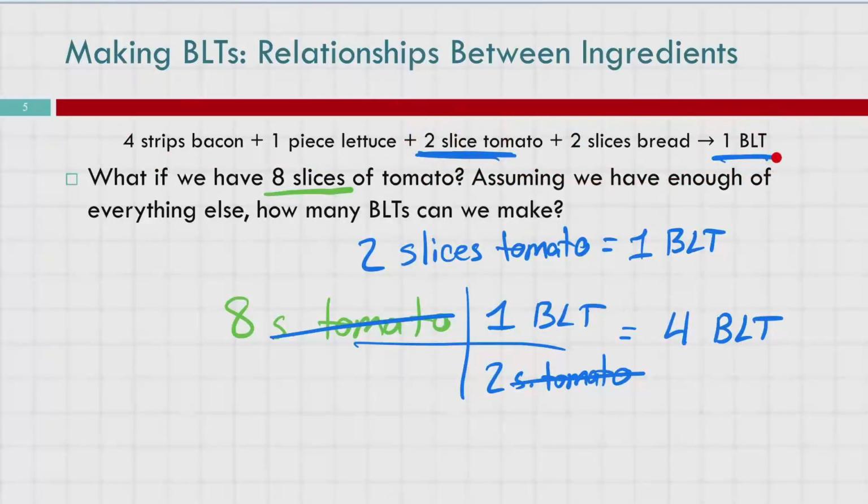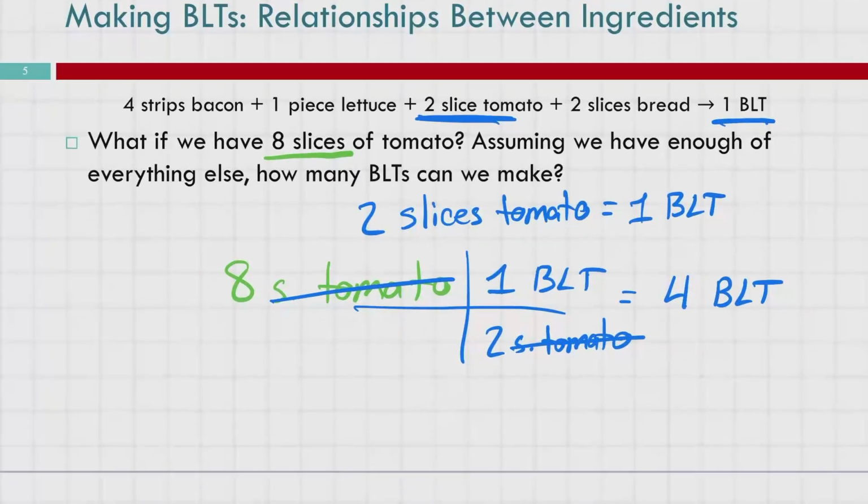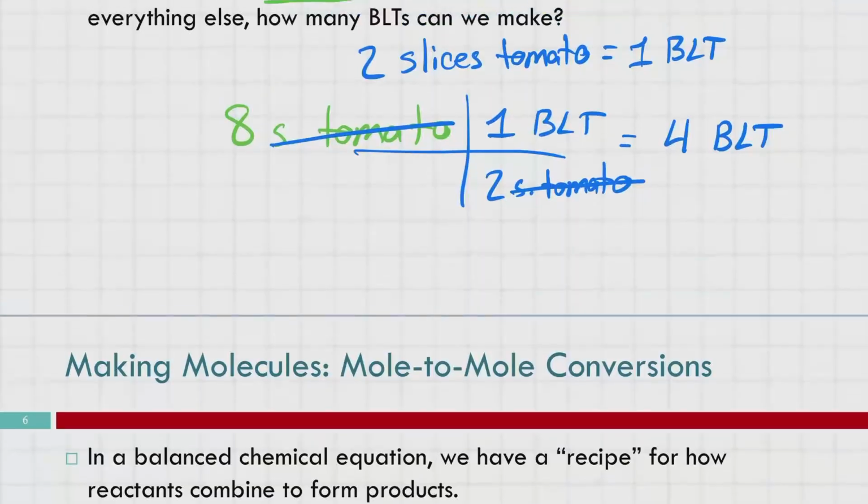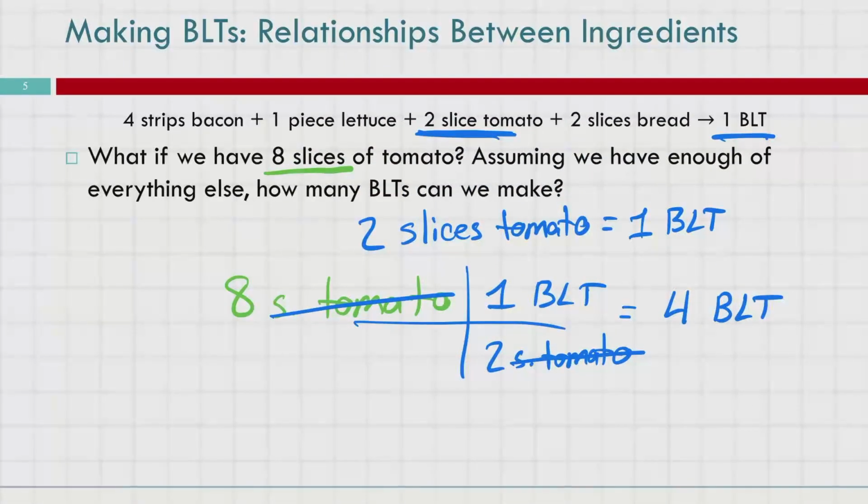Underline the 2 things you care about, set those equal to each other. That's our conversion factor that converts us from slices of tomato to BLTs. We'll stop there for now.